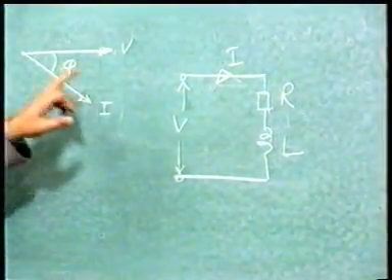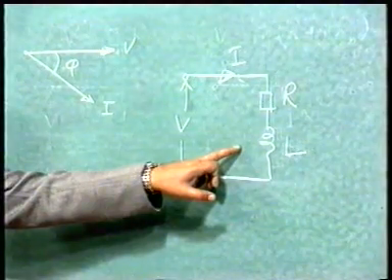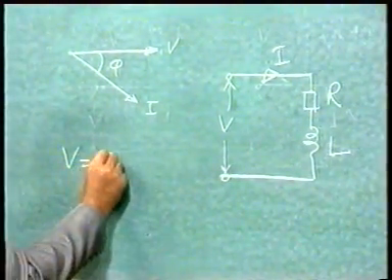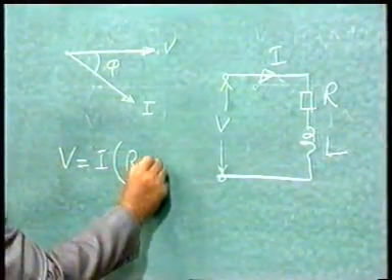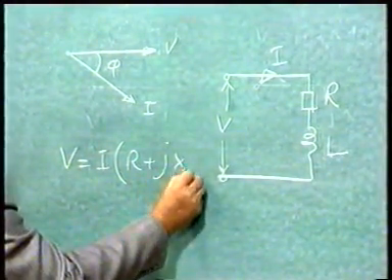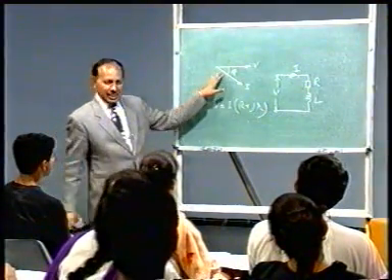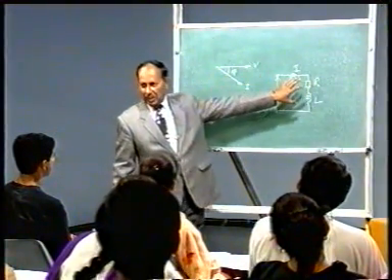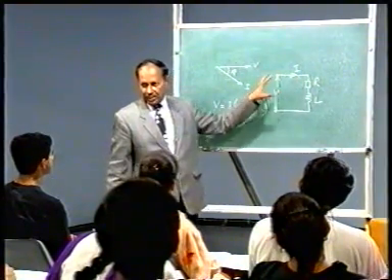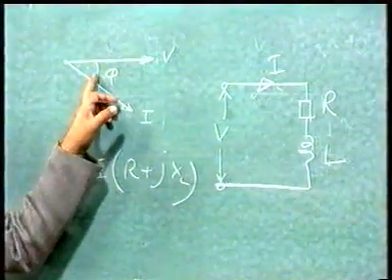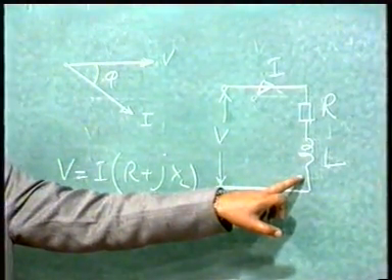So these are equivalent, isn't it? So you can write the equation also, V is equal to I into R plus jXL. So all are equivalent. So if the phasor diagram is given, you know the circuit which represents the phasor diagram, or if the equation is given, also you can draw the phasor diagram and also the circuit.